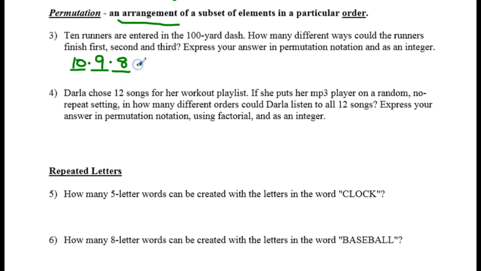Now, we're going to introduce new notation here. Permutation notation. An alternative way to do it is to use this P notation. We're going to say it's an arrangement of 10 items, 3 at a time.